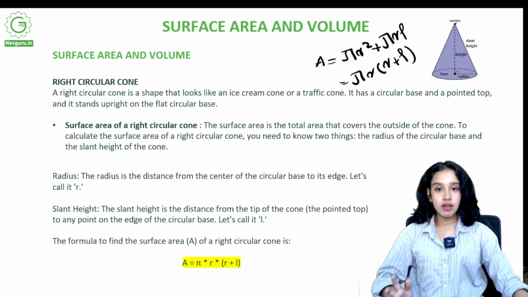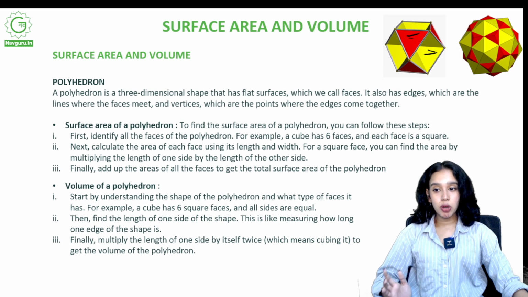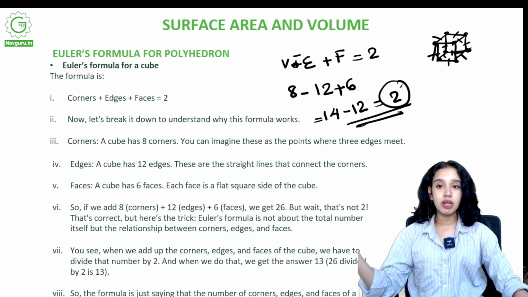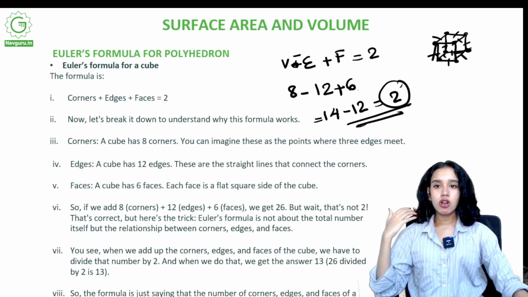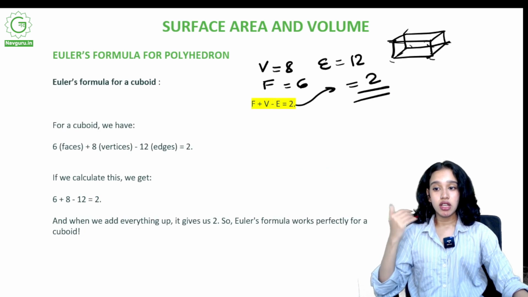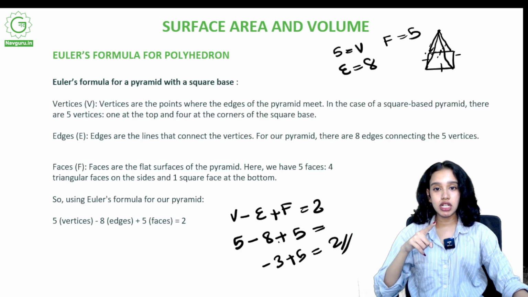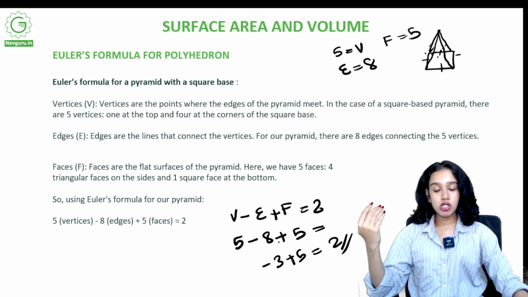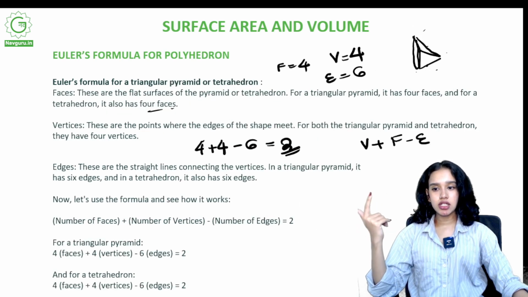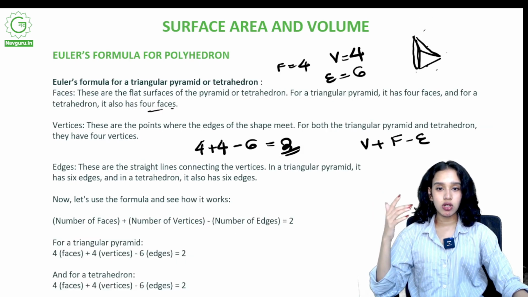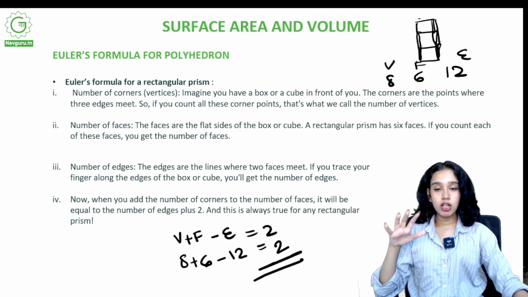Then we found the surface area and volume for a right circular cone, and then we talked about polyhedrons, and then we came to a very interesting formula called Euler's formula for polyhedrons. We showed how it is proved on cuboids, a square pyramid, and then a triangular pyramid or a tetrahedron, and then we talked about Euler's formula for a rectangular prism. Now this is all about the chapter on surface area and volume.